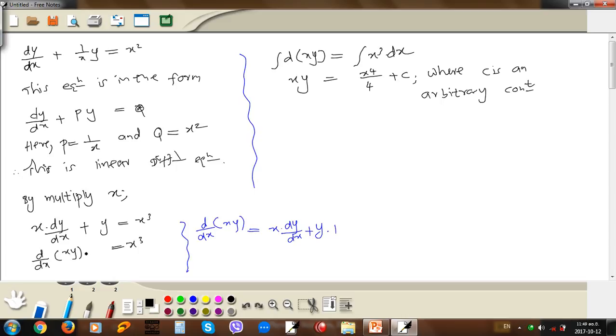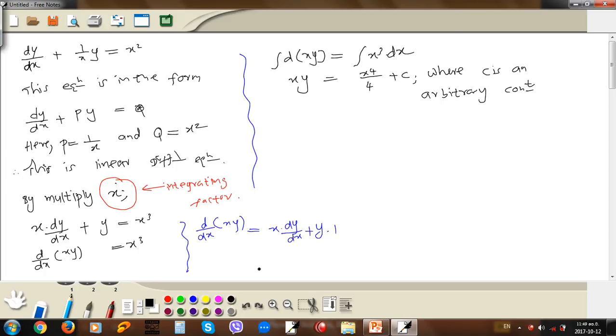If it becomes that form when you multiply by a certain term, we call it the integrating factor. If we have an equation in the linear form, we can multiply by the integrating factor and easily simplify that equation.